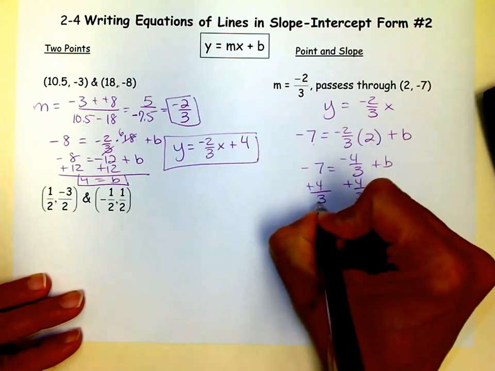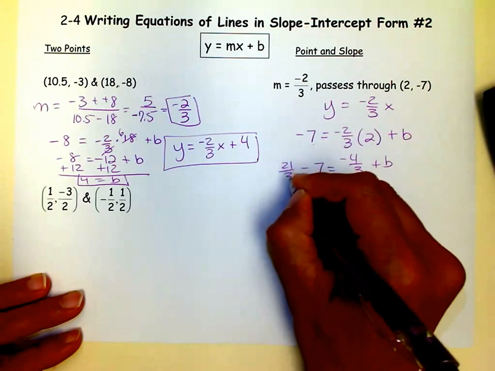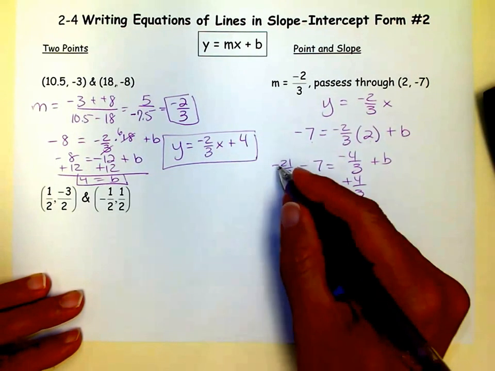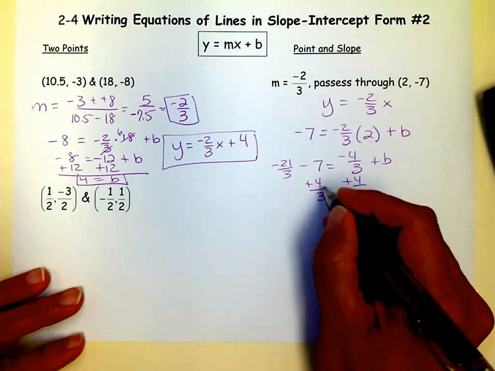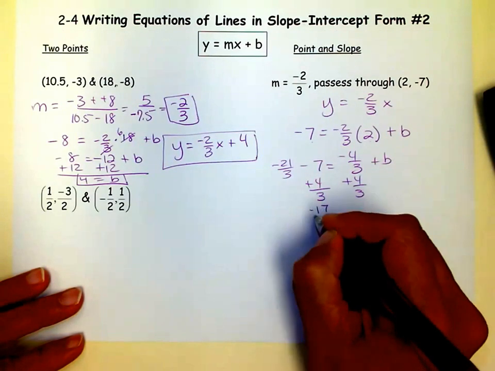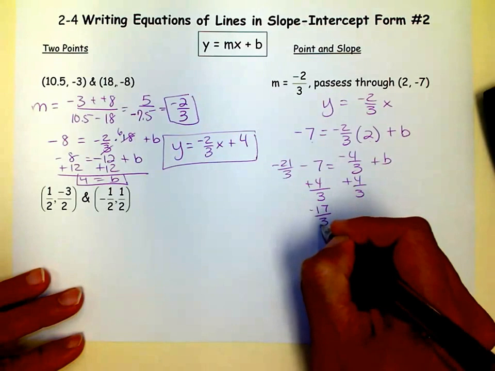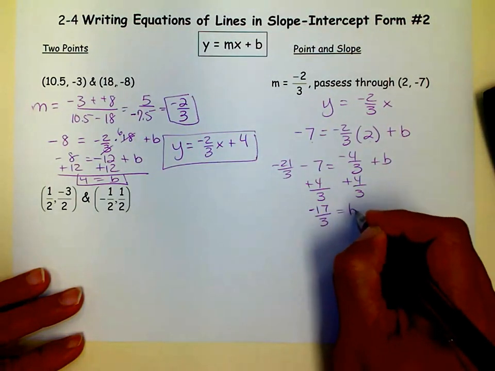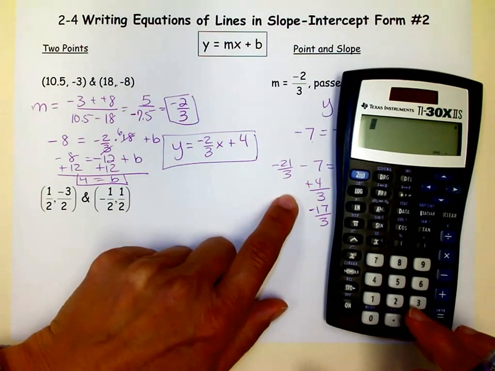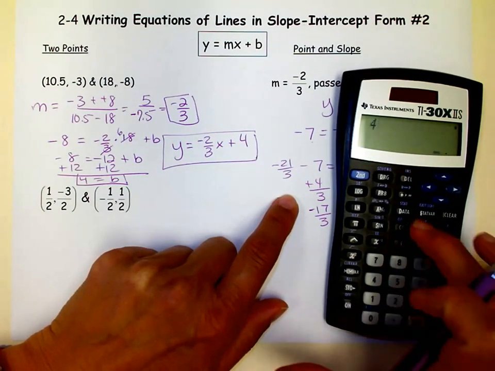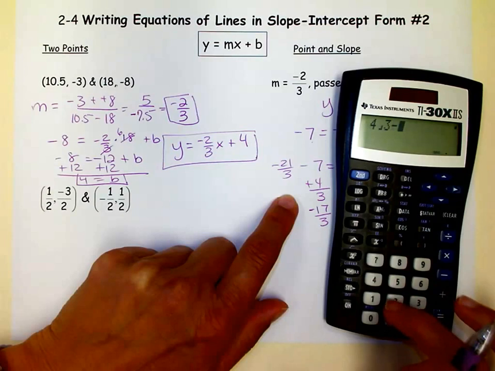Now for those of you who like fractions, you can change that to negative 21/3, and then add 4/3, which I believe is negative 17/3. So that would be our b. For those of you who don't like to do that, you could use your calculator. You could say 4/3 minus 21/3.